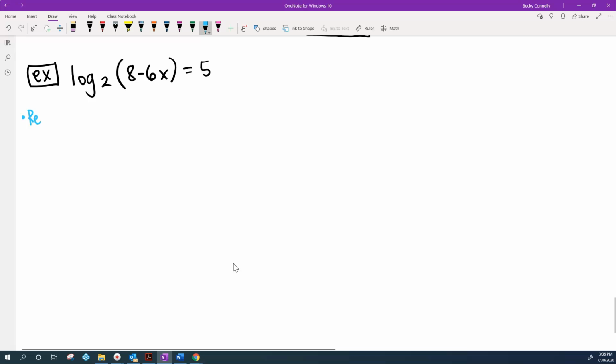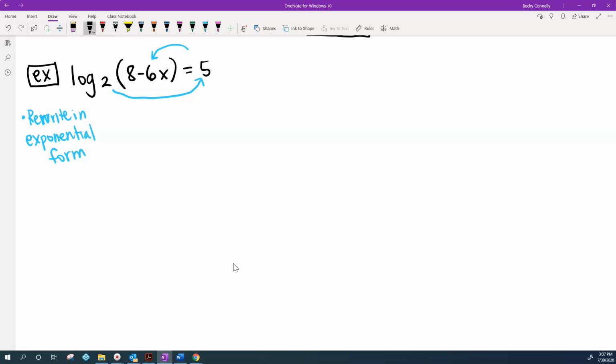Okay, so let me put that down here as you're going to rewrite in exponential form. All right, remember that's going to be 2 raised to this power equals all of this inside the parentheses.